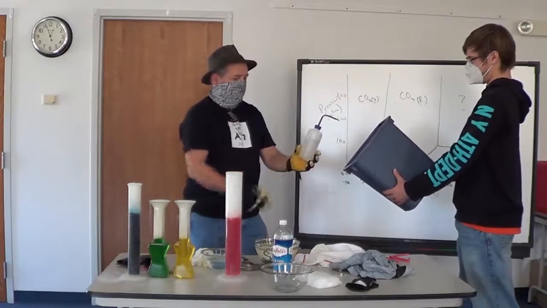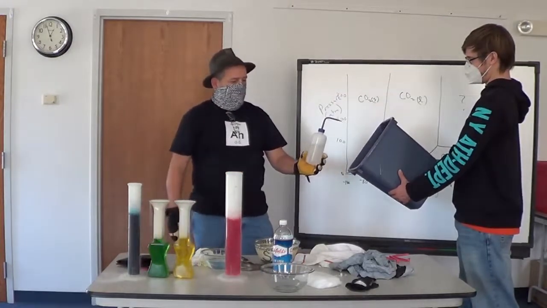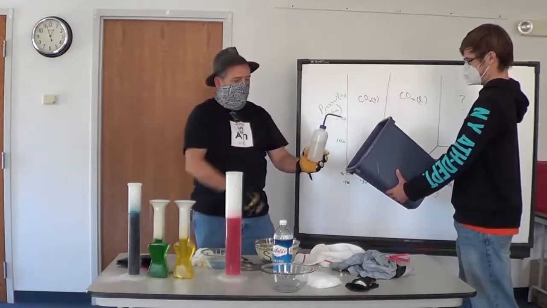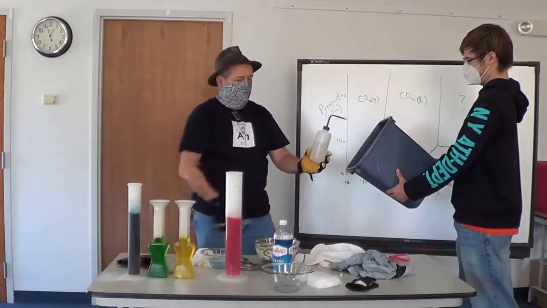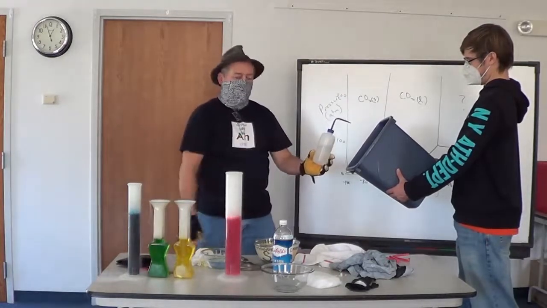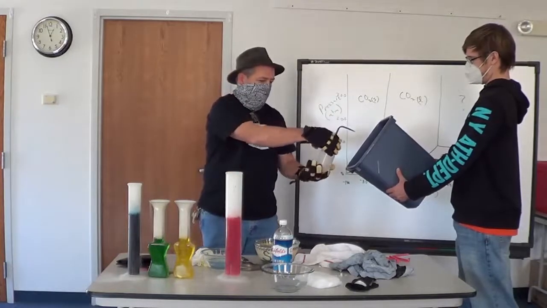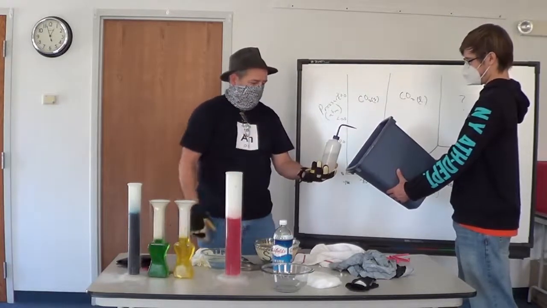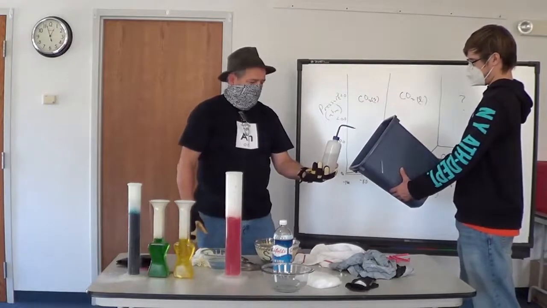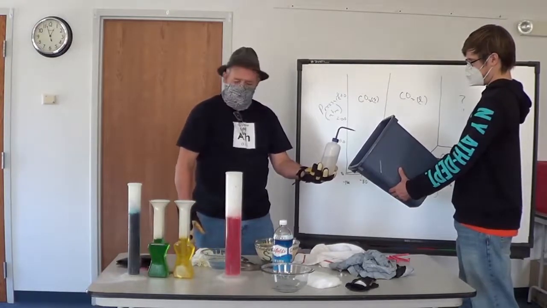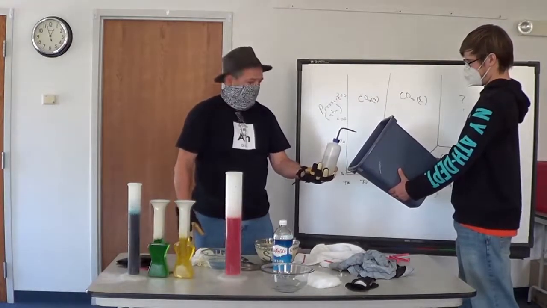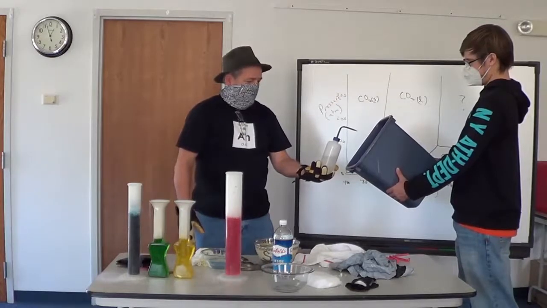So in a short period of time here, this carbon dioxide will create enough pressure by changing into a gas that will empty the water out of that bottle, and we'll have carbon dioxide gas coming up through that tube and out of the bottle. So it's just kind of a cool demonstration of how carbon dioxide can create pressure and how it can change.